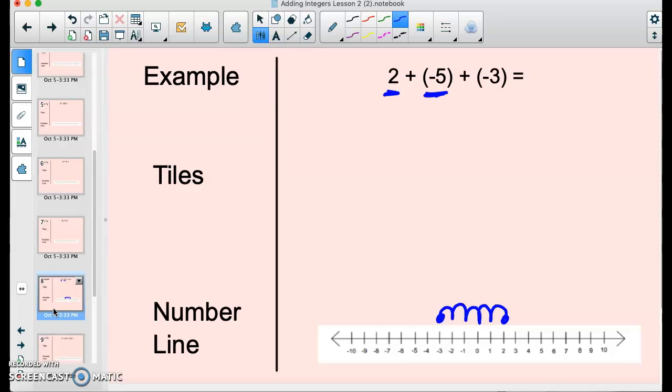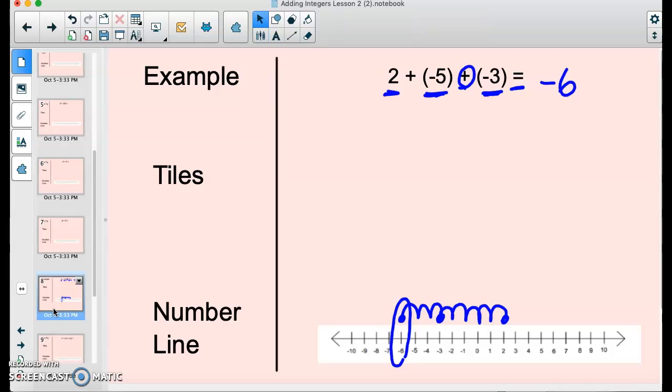Right now we're at -3. But we still have to add another -3. A -3 is going to the left again. So we stay at -3 and go -3 more. 1, 2, 3. Then we have the equal sign, so that tells us we're done. Right there's our answer, -6.